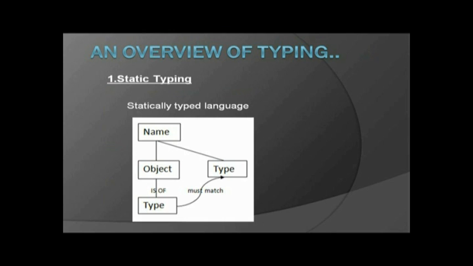Let's take an overview of both statically and dynamically typed languages. First one is static typing. The following diagram represents a description of one of the ways these terms are most commonly used. In a statically typed language, every variable name is bound both to a type and to an object. The binding to an object is optional.